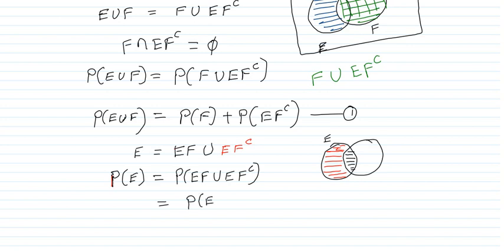Now what I need here is E intersection F complement, so let me keep it on one side and bring everything else to the other side. So the probability of E intersection with F complement is nothing but P of E minus P of E intersection with F. This is what we got.